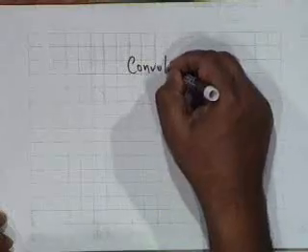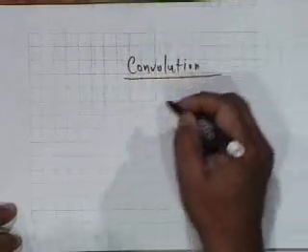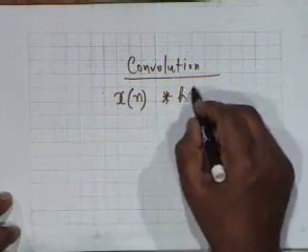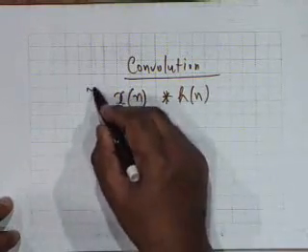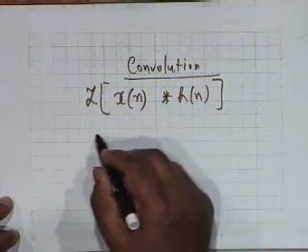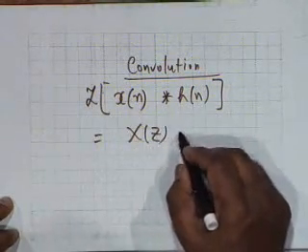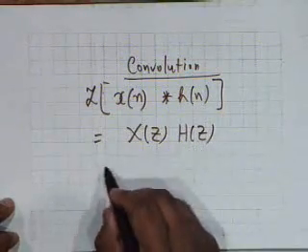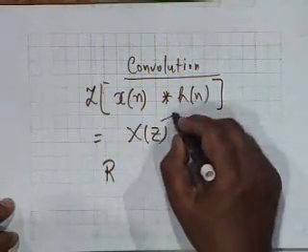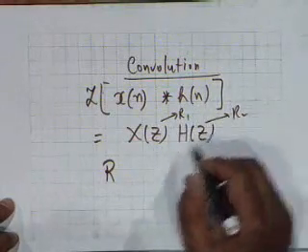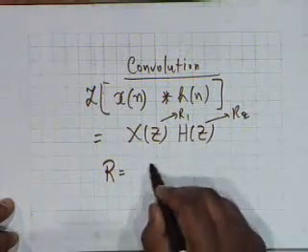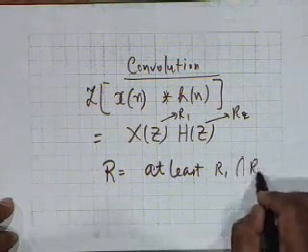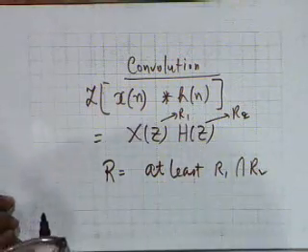Convolution, we have already seen that if there are two sequences x of n and h of n, then the Z transform of this is simply capital X of z times H of z, where the ROCs, if this is R1 and this is R2, then R is at least the intersection of R1 and R2. It could be larger.